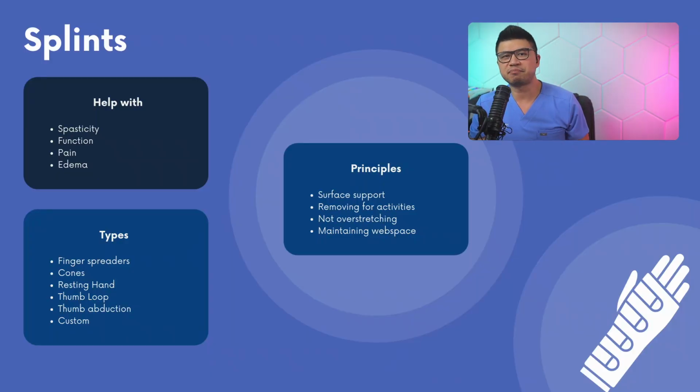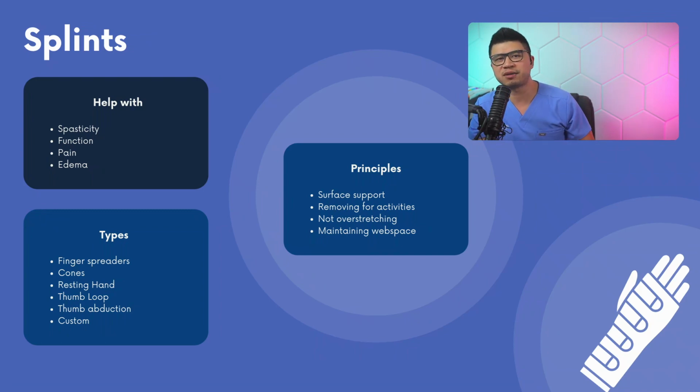But splints may also be helpful, such as being worn at night for the hand for, say, spasticity, function, pain, and edema. Examples of some splints for the upper extremity for stroke include finger spreaders, hand cones, commercially available resting hand splints, thumb loops, and thumb abduction orthotics, and also custom fabricated ones to provide support based on the need at the forearm, the wrists, palm, and digits.